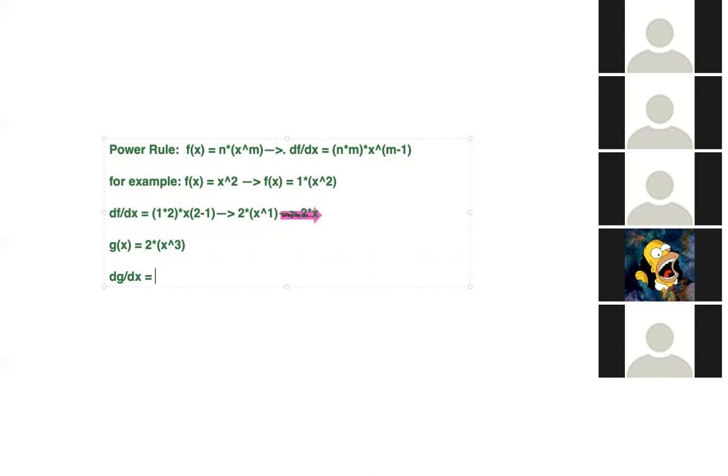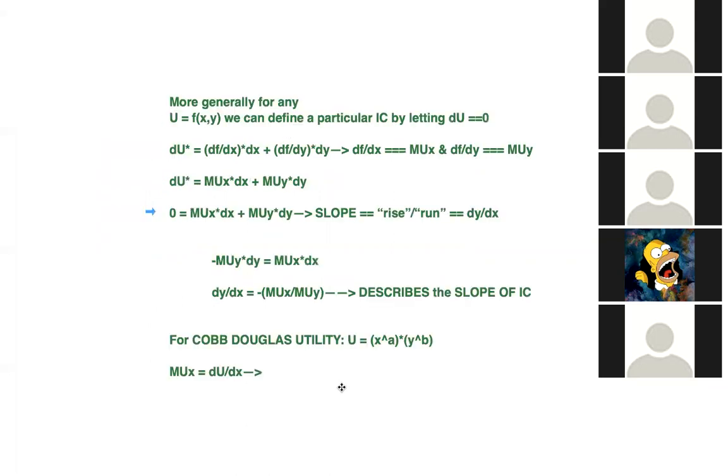So then I'll do 3 times 2, which is 6 times x to the 3 minus 1, squared. Oh, okay. You see? Ta-da.